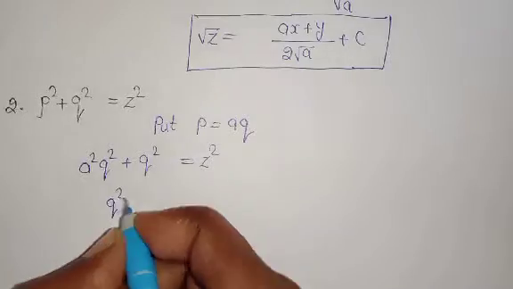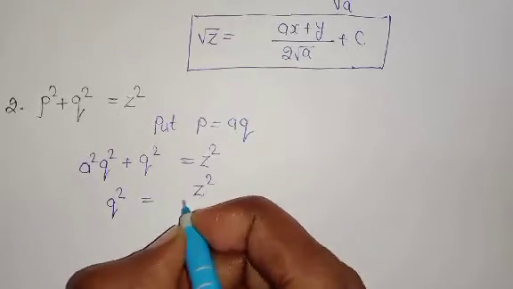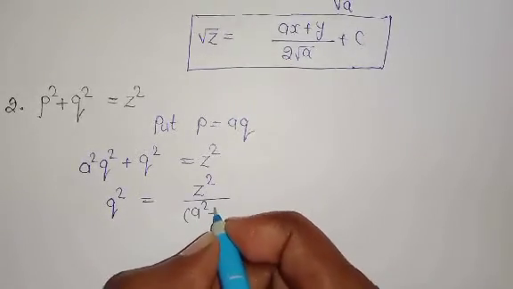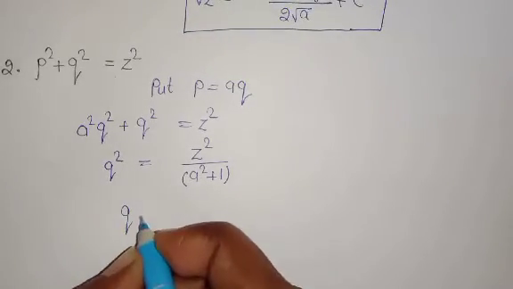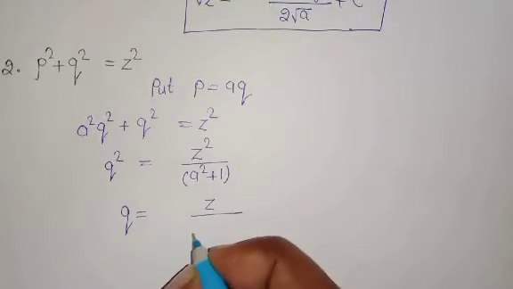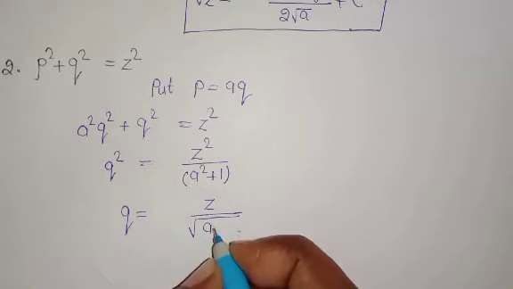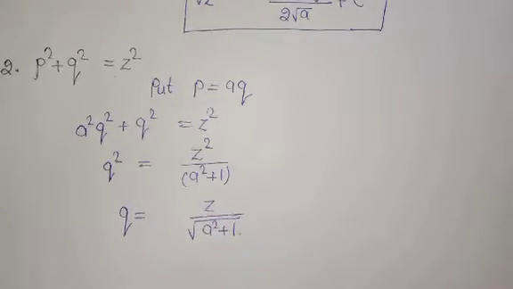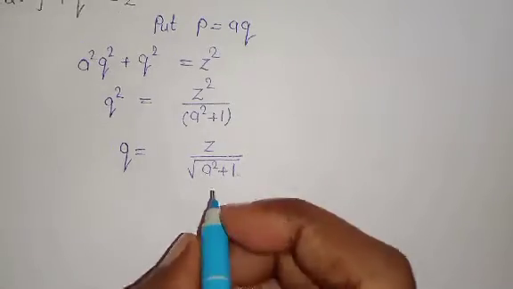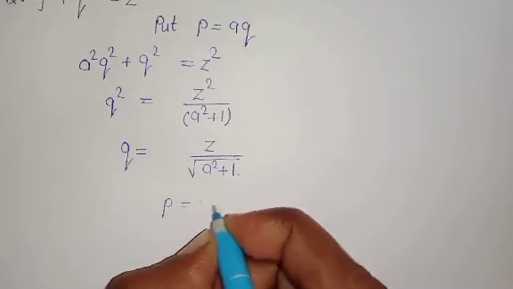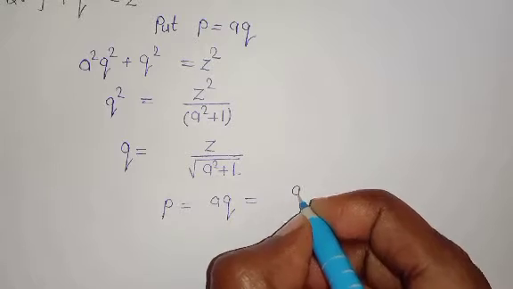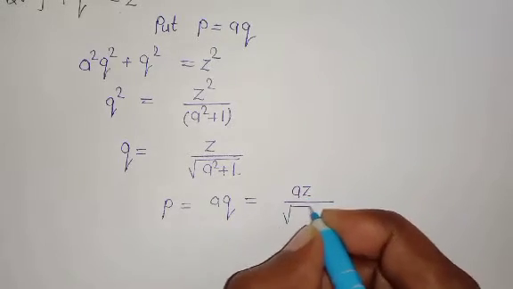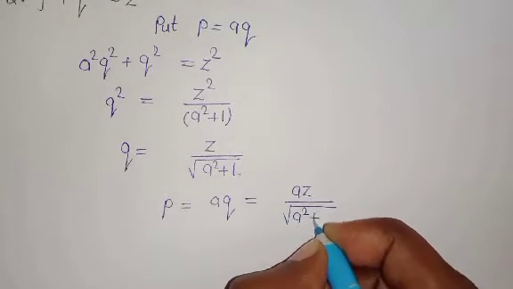So this becomes q squared is equal to z squared by (a squared plus 1). And if we simplify it, this becomes q is equal to z by root (a squared plus 1). Now if we find the value of p, p was equal to aq, and if we put the value of q, then this becomes az by root (a squared plus 1).